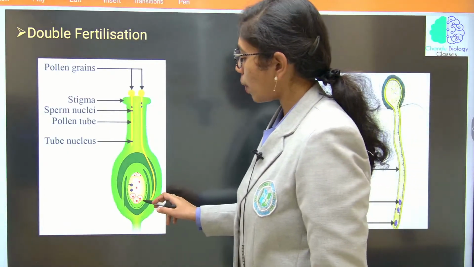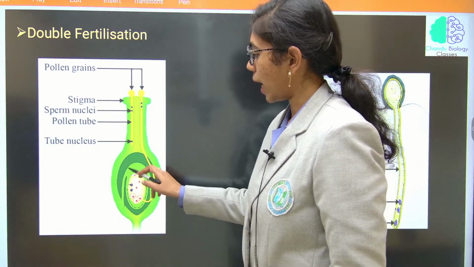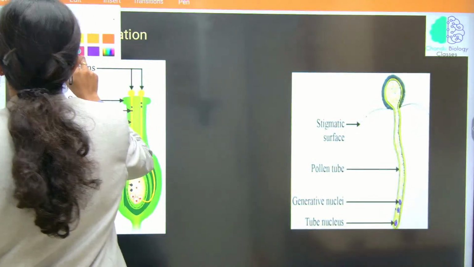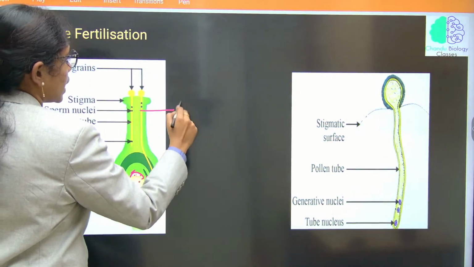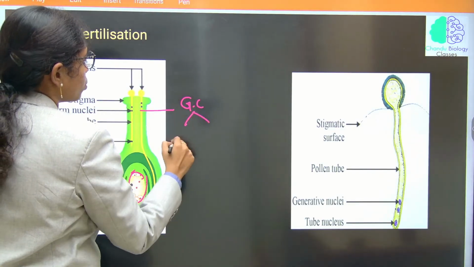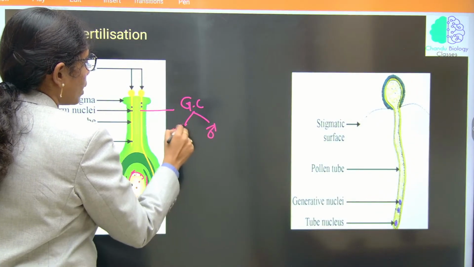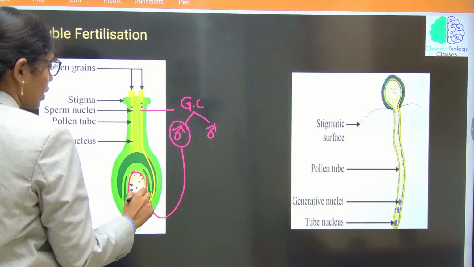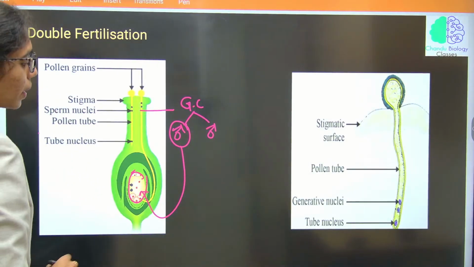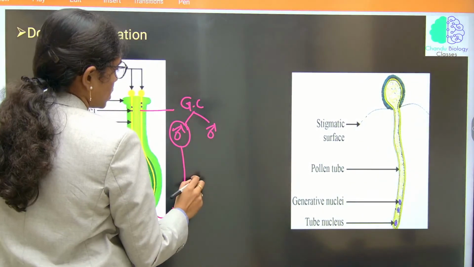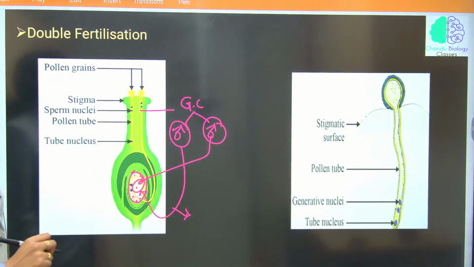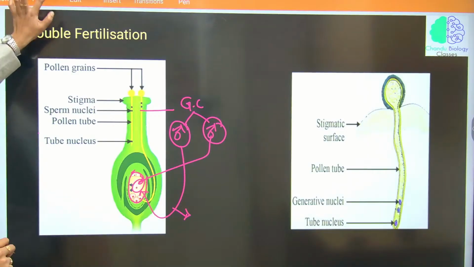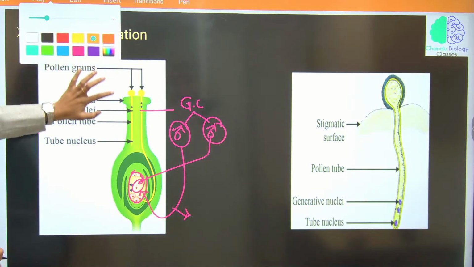Once the pollen tube enters the embryo sac, inside the pollen tube the generative cell divides into two male gametes. One male gamete will directly fertilize the egg cell, forming a zygote, and the other male gamete will fertilize the polar nuclei at the center, forming a triploid endosperm.